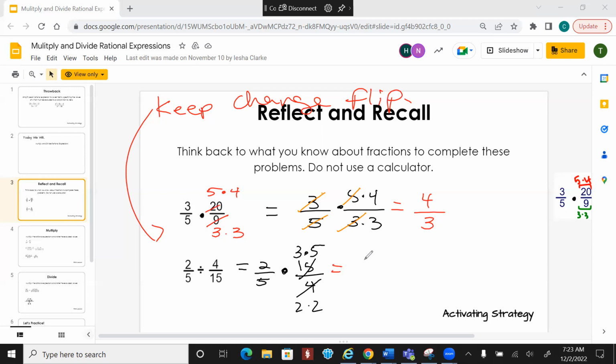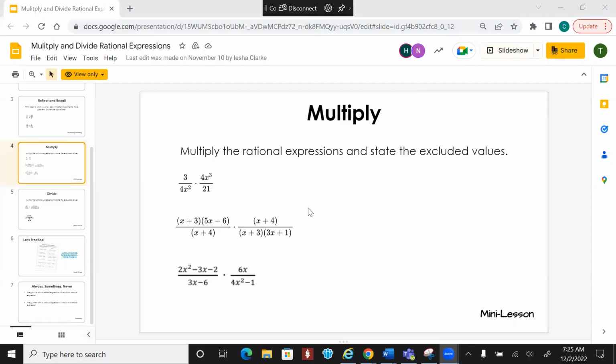I'm sorry, this is at the bottom. 2/5 times 3 times 5 over 2 times 2. Is there anything that I can cancel from the top and the bottom? 5 and 5, 2 and 2, and whatever I'm left with, I'm going to rewrite. So 3 halves. Never had to use a calculator. Okay. That's why they call it algebra 2.